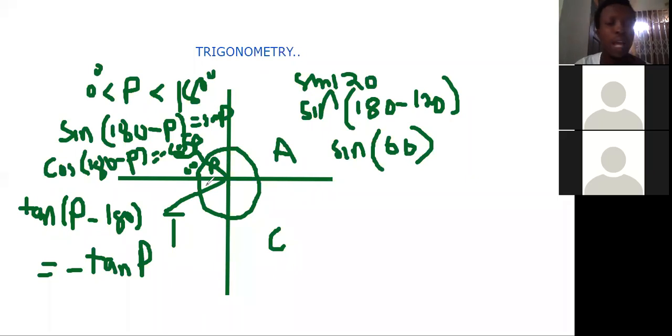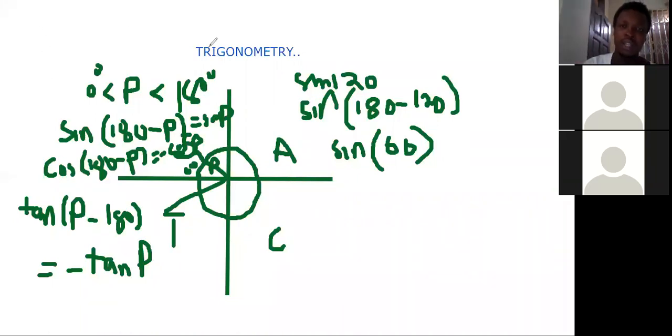When you finish, do tan what? It's positive, right? Root 3 over 3. So now 210 minus 180 is 30. So do tan 30 for me. Root 3 over 3. Correct.